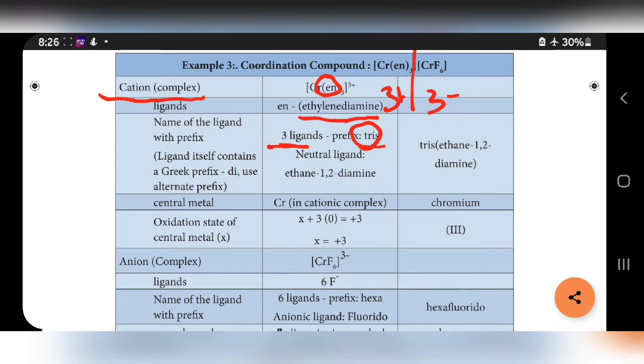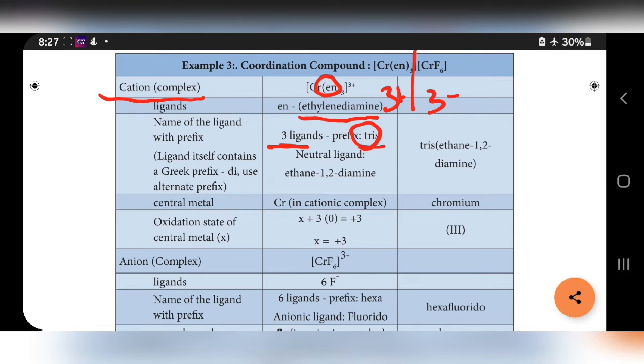So if the ligand name itself contains di, tri like that, we should use bis, tris, tetrakis instead of di, tri, tetra. So here the word tris is used.